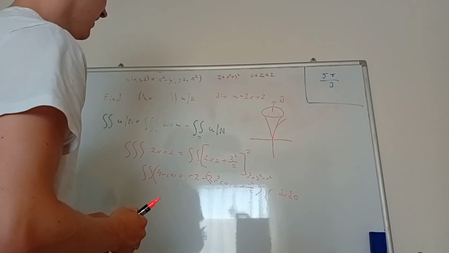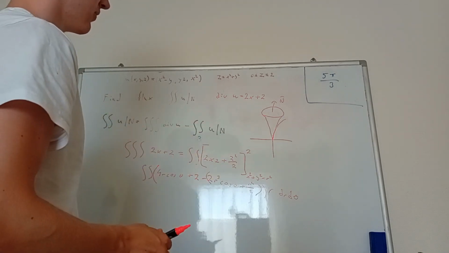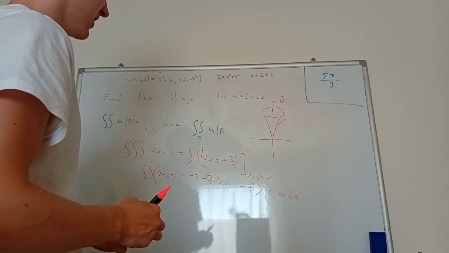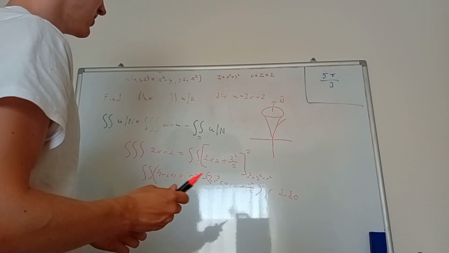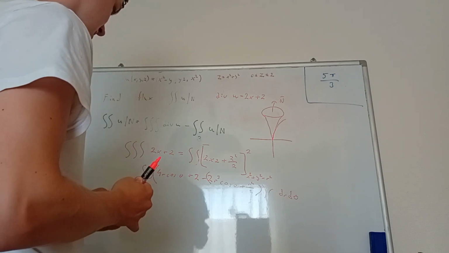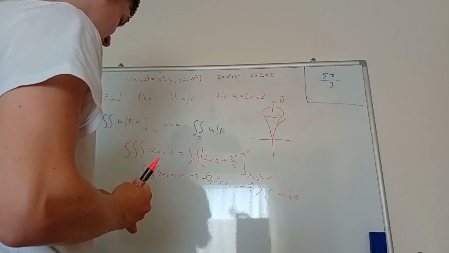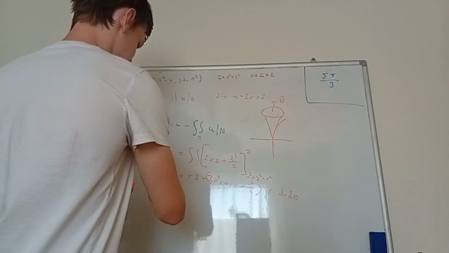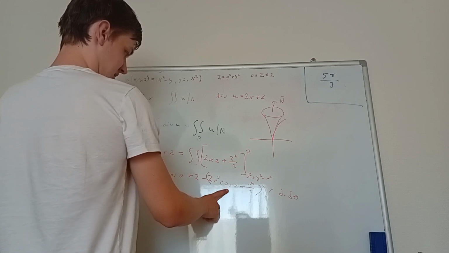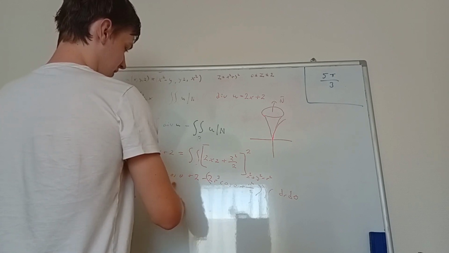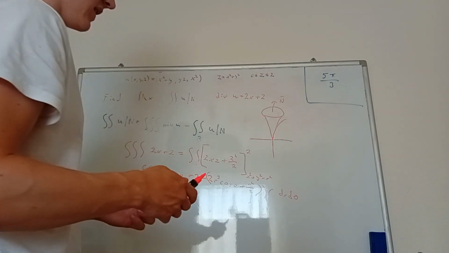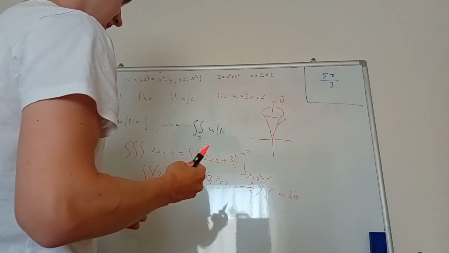Alright, so let's see here. If you look at this circle, we can see that theta actually runs between 0 and 2 pi the entire way. So that actually means that this part and this part are going to become 0. Because if you only look at the cosine theta part, when you take the integral of cosine theta, it becomes sine theta.